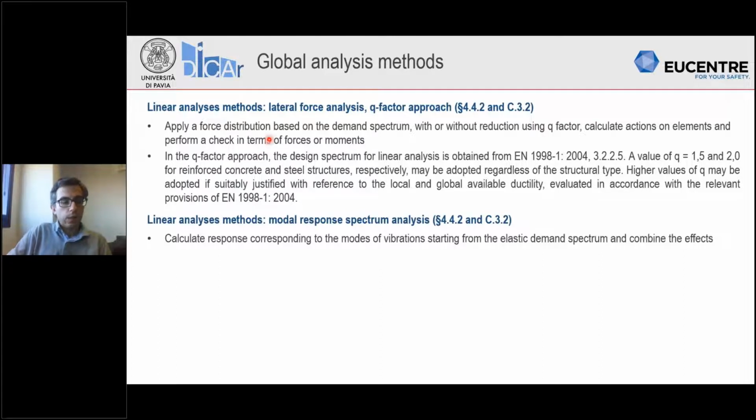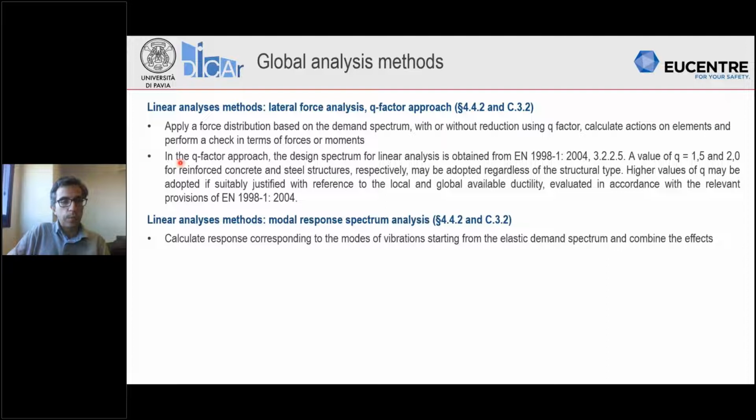Linear analysis methods, which are the lateral force analysis and the Q-factor approach, are somehow similar, and they consist in applying a distribution of forces calculated starting from the demand spectrum, with or without the Q-factor. Then you are required to calculate the actions on the elements and perform a check in terms of moments or forces.